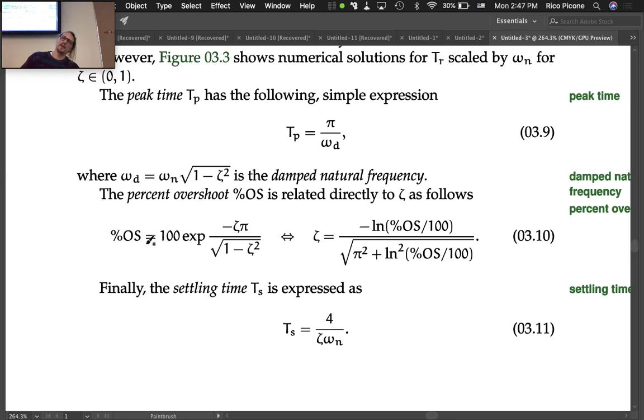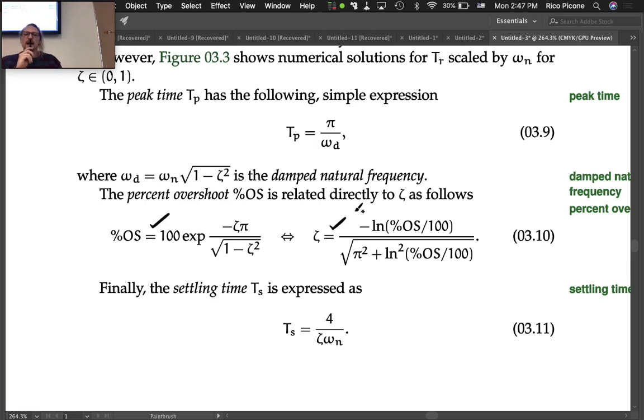So I think this is the one the textbook has, and I've also solved for zeta and gave that to you as well. I don't think the textbook has that one. I could be wrong. So this is our zeta percent overshoot relationship.